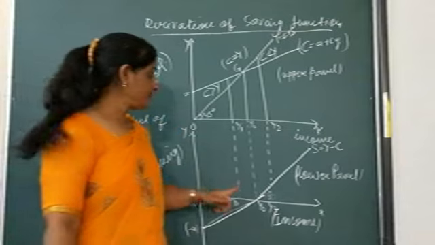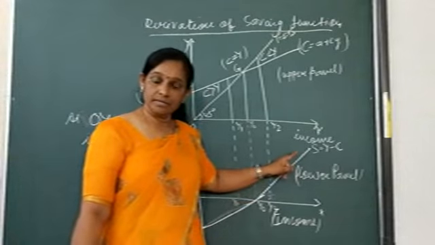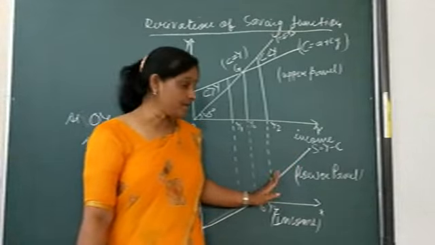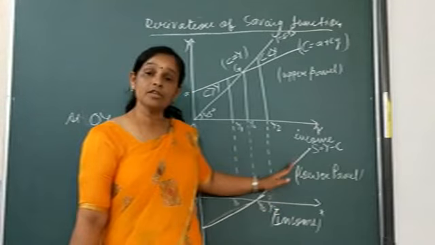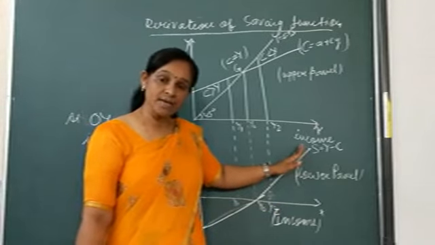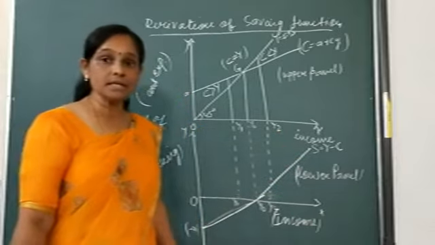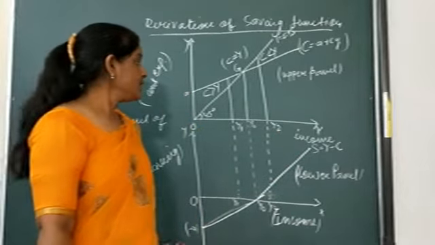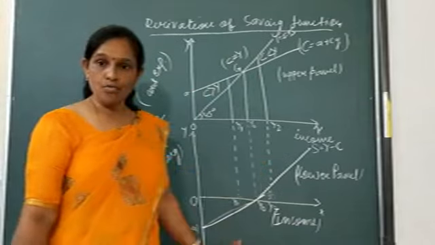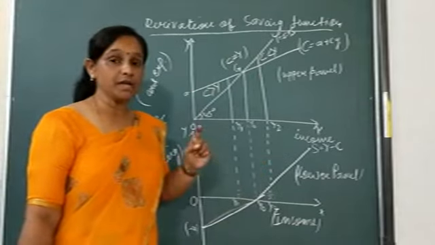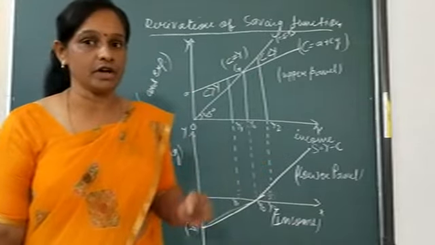That is why the saving is increasing and it is positive. Full stop. So this is how we have to write the explanation of the saving function.